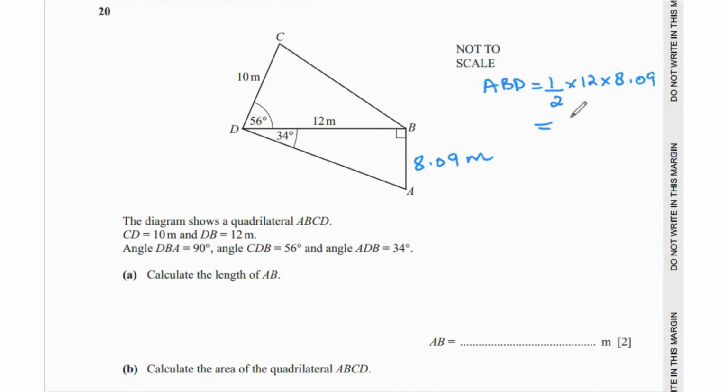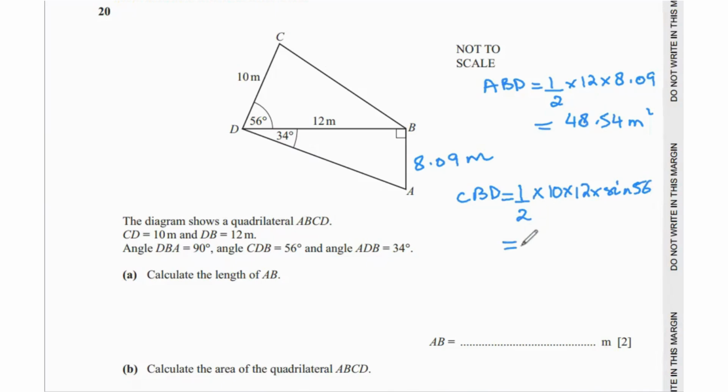So that gives us 48.54 for this triangle. And then for triangle CBD, that's 1 over 2 times 10 times 12 times sine of 56. This formula is always used when you have a non-right angle triangle, and in that triangle, you have two lengths and the angle between them.